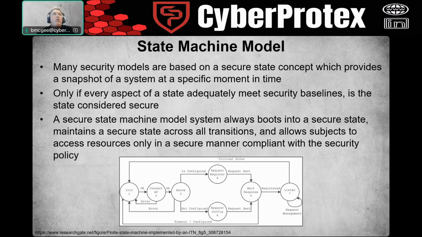So another topic for distinction is the state machine model. You may have heard of this before, and if you haven't, that's okay. Basically, what this does is give us a snapshot of a system at any given time.